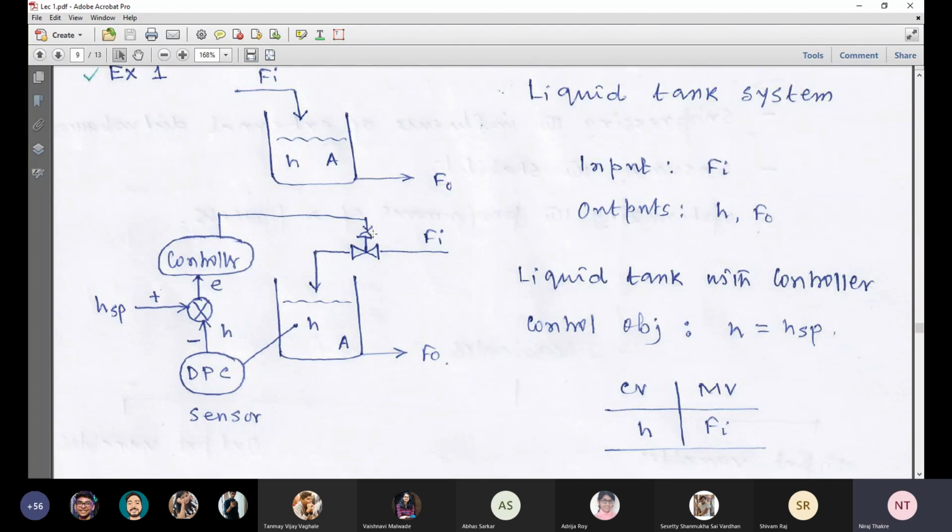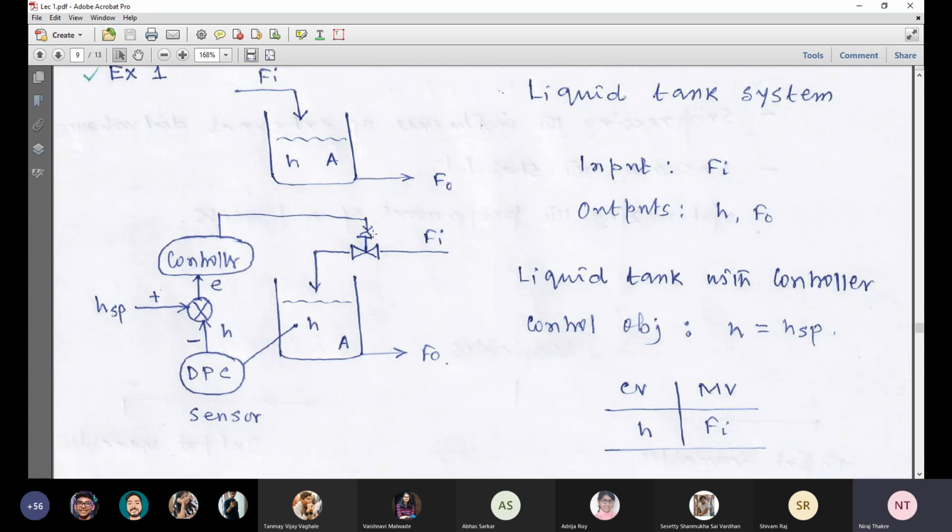I repeat the steps again. Whenever you are taking a process for controller design, your first job is to identify the control objective. For this example system, our control objective is to maintain the liquid height in the tank at its desired set point value.